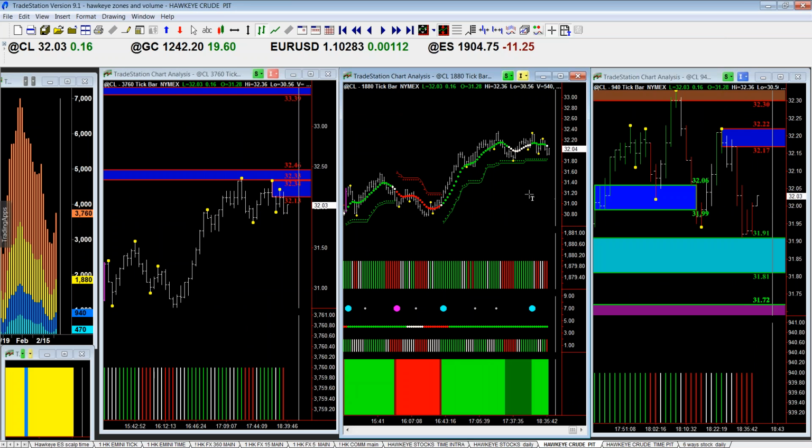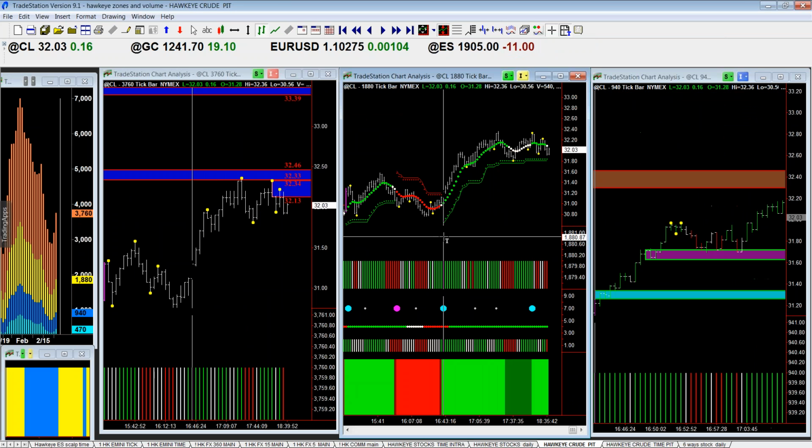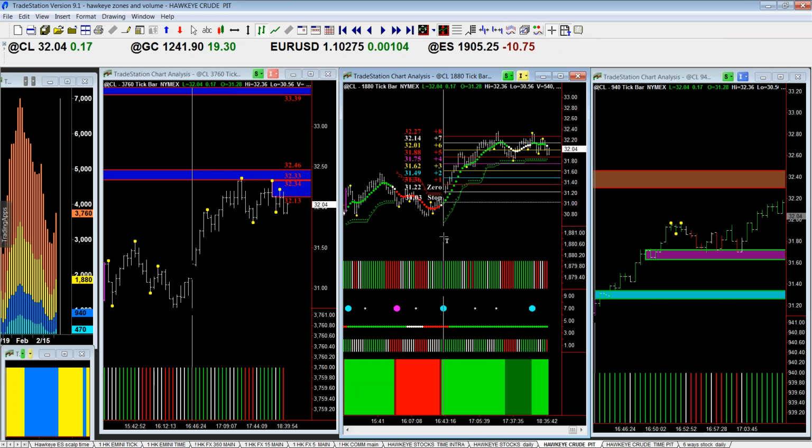And to answer your question, Sam, one of the hardest things is that people don't work hard on their exits enough. They work a lot harder on their entries than on their exits. And there's a money management tool that we use in Hawkeye, which is the Hawkeye Levels ATR, which stands for Average True Range. And I'm always trying to get to the yellow line, the 3 line, I call it the sunshine. All this 5 line here against sunshine.